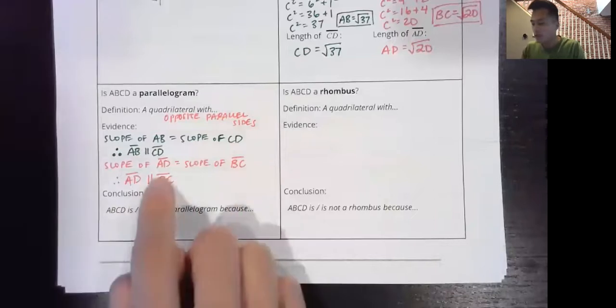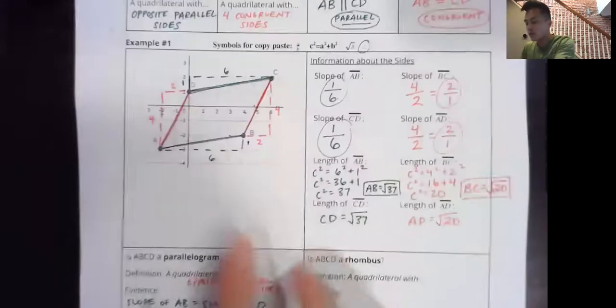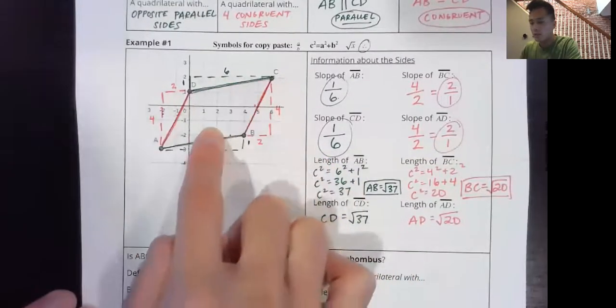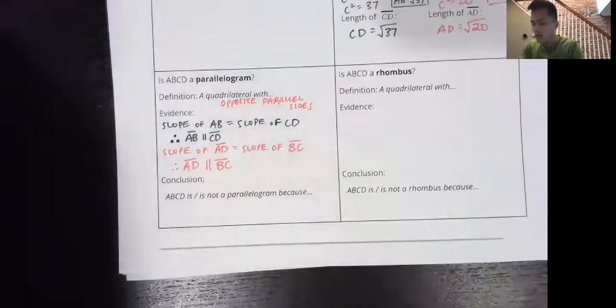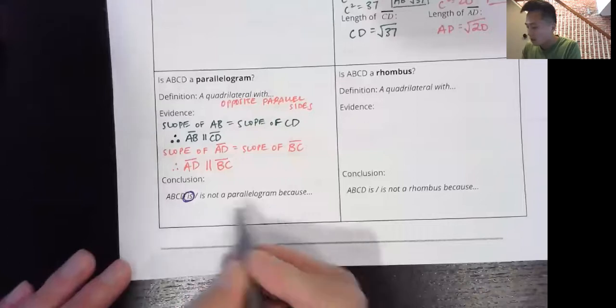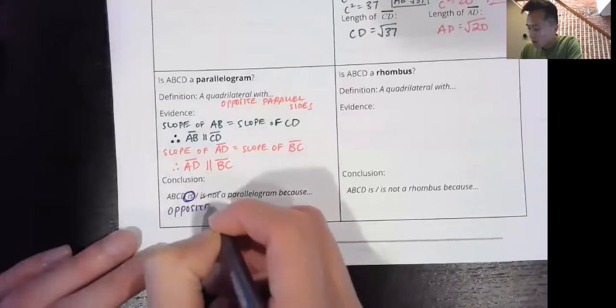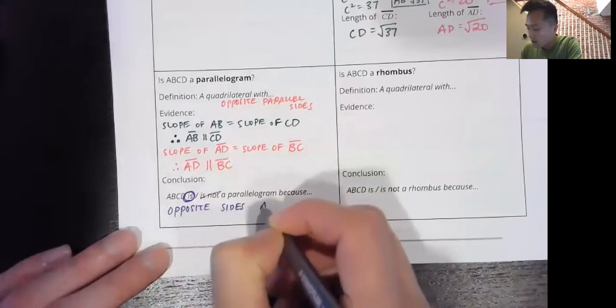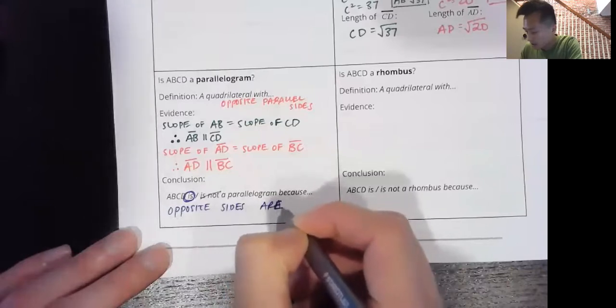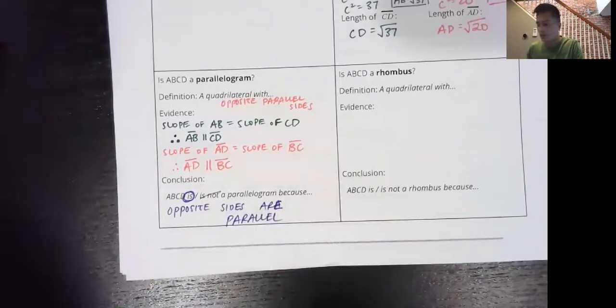So what I'm doing here is providing evidence that shows how I know that the opposite sides of this figure are parallel because their slopes are the same. And then in my conclusion, I can say that ABCD is, I'll circle, is a parallelogram because opposite sides are parallel. And notice that that's the same thing as my definition of a parallelogram.